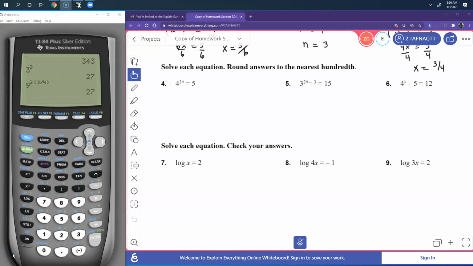Number 4, it states that you need to solve each equation and round to the nearest hundredth. So what you're going to do is, remember, you're going to have to introduce logs.